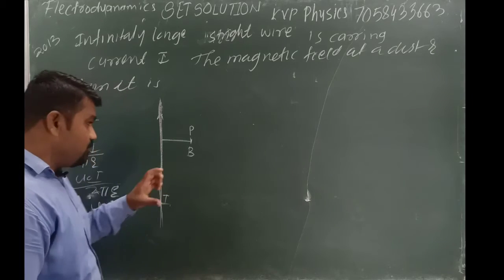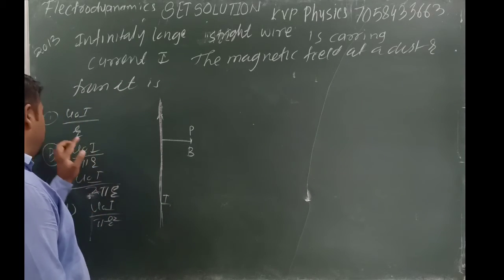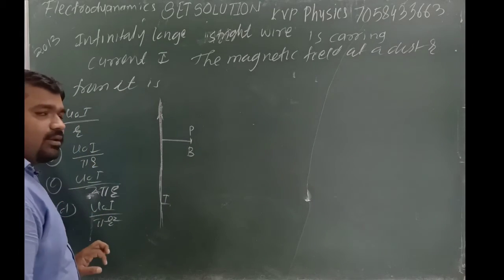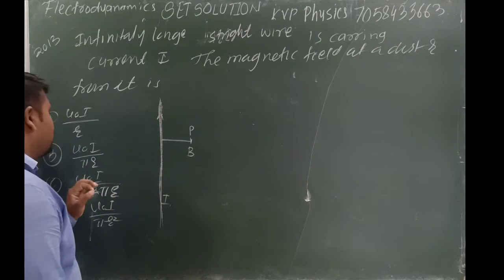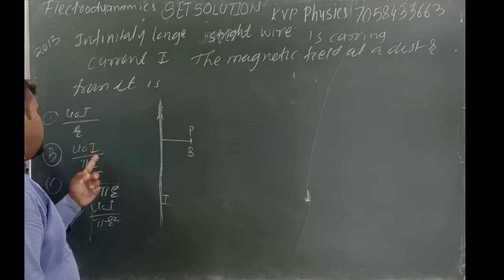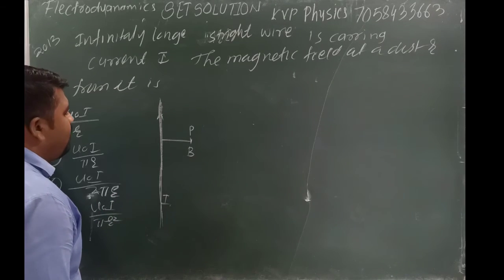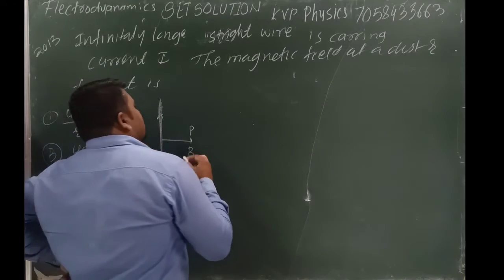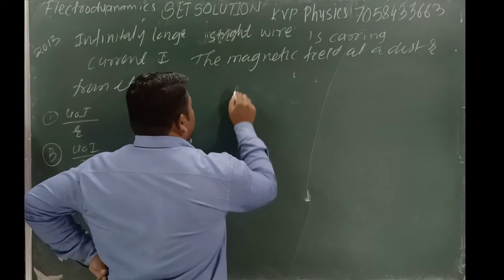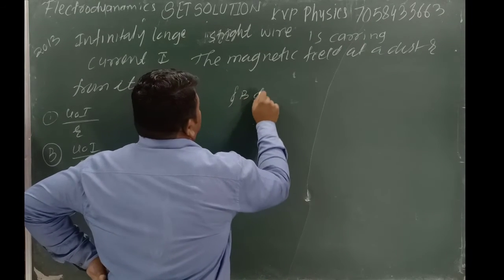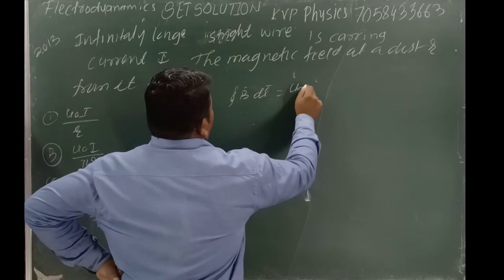Got it? Means here power of R is in the denominator. But what is the power of R? It is 1, 1 and R square. Now, here we can use Ampere's law. Ampere's law: closed integral of B bar dot dl bar is equal to mu naught I enclosed.